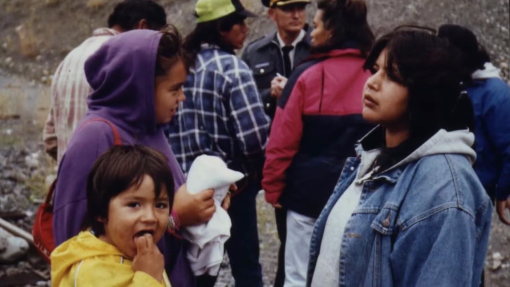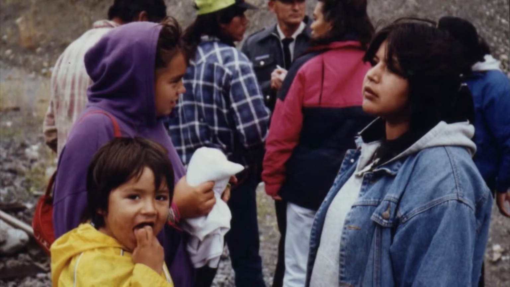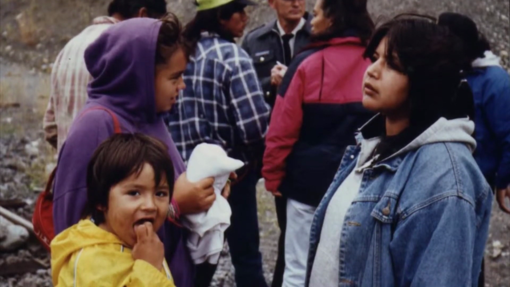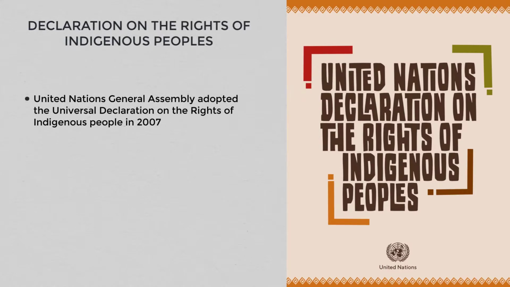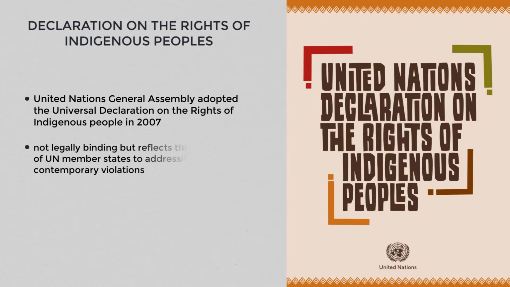It is in recognition of these long-standing human rights violations that indigenous people continue to face that the United Nations General Assembly adopted the Declaration on the Rights of Indigenous Peoples in 2007, specifically to protect indigenous people worldwide. While the Declaration is not a legally binding instrument under international law, it reflects the commitment of United Nations member states to addressing historic and contemporary violations of the rights of indigenous people.